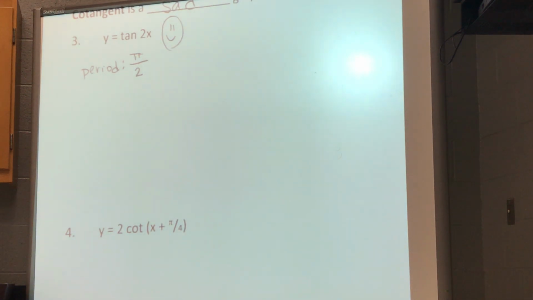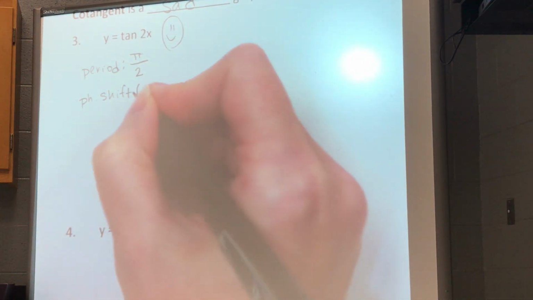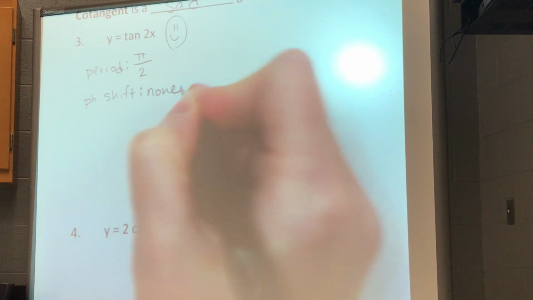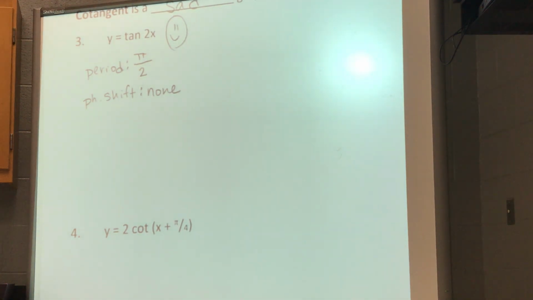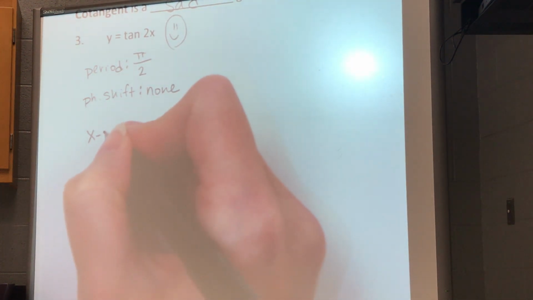So the period of this one is pi over 2. Does this one have a phase shift? No. Okay. So if there is no phase shift, if we're talking about tangents, the middle of the period, or the x-intercept, is going to be at 0.